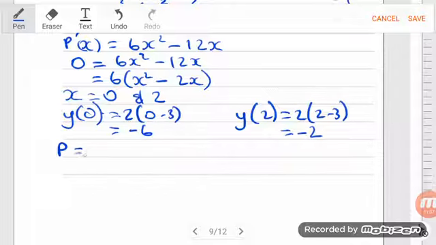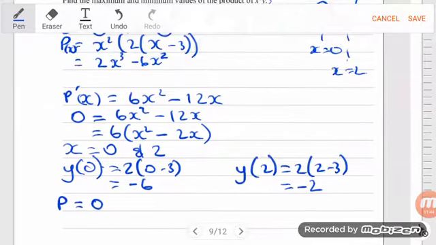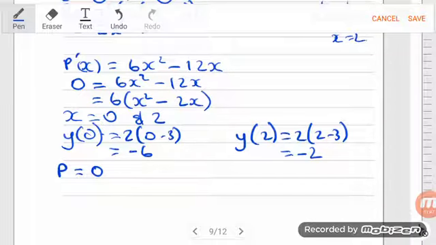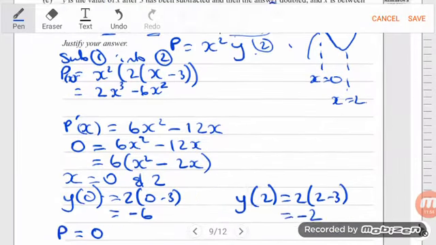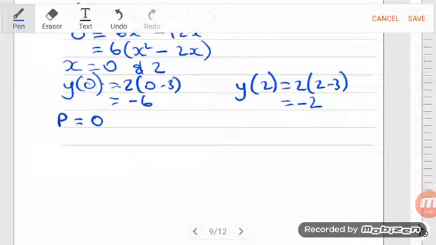So P at this point is going to give us 0, because anything times 0 is going to be 0. So if we've got our original equation x squared times y, square of 0 is 0, 0 times anything, 0. So P, when we've got 2 squared times negative 2, is going to give us negative 8.